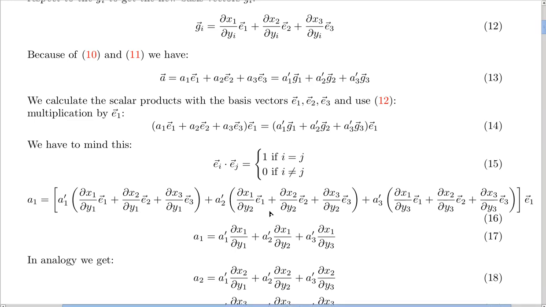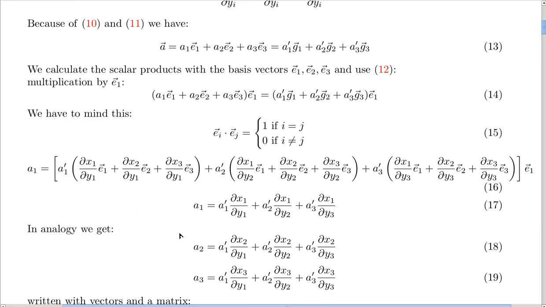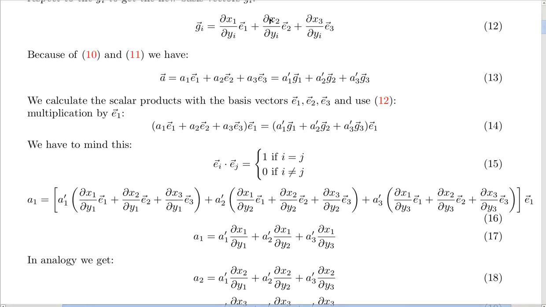Only the first addend gives a value, because e1 multiplied by e1 is 1, and so only the component A1 remains on the left hand side of the equation. Then on the right hand side we put in for the g vector this expression, a sum of three addends, three times. Okay, and now we multiply by e1, and here the same.